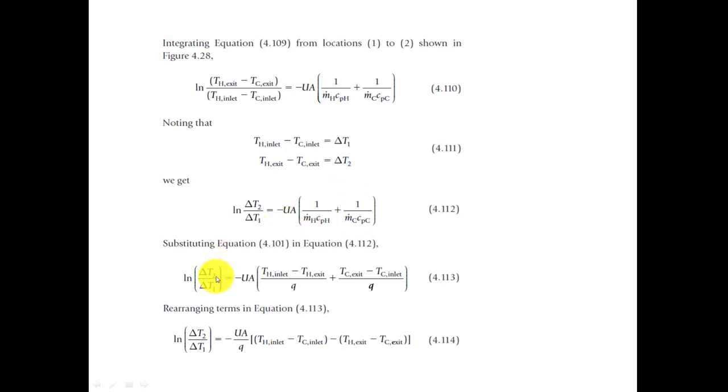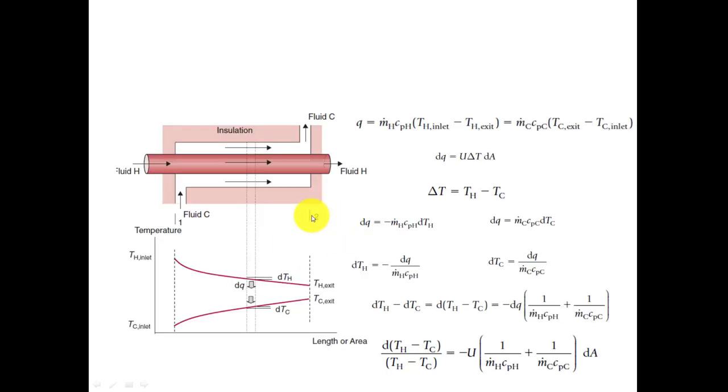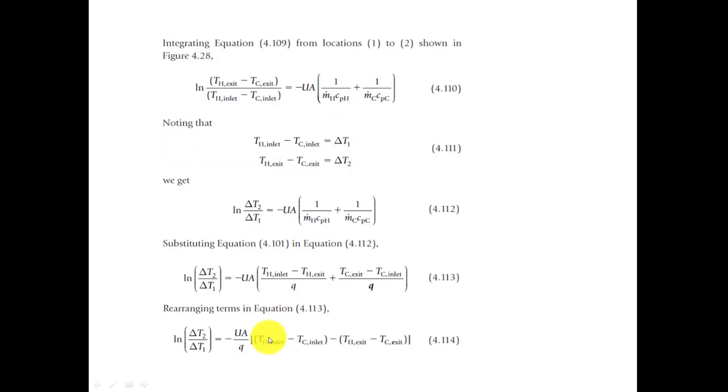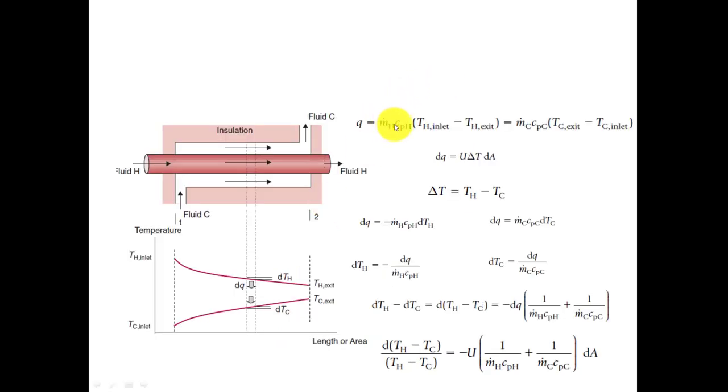Okay, in the next step we will use the first relationship: mh Cph into Th inlet minus Th exit is equal to Q. So mh Cph is equal to Q by Th inlet minus Th exit.